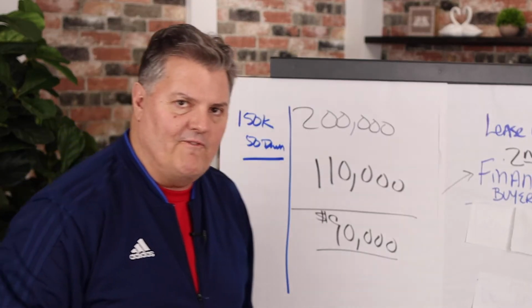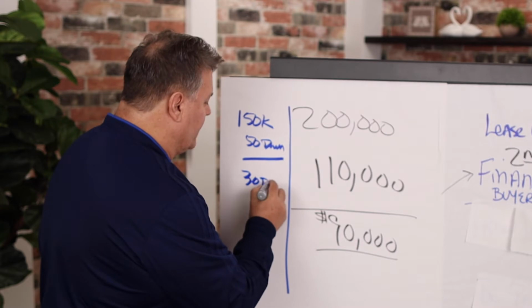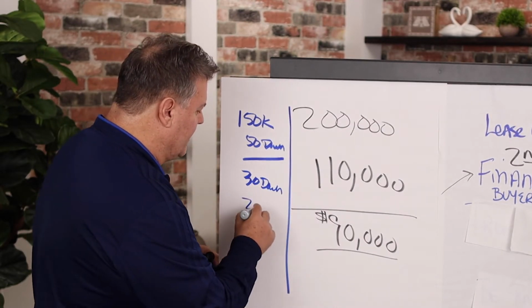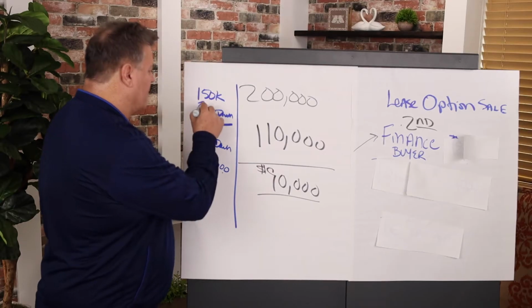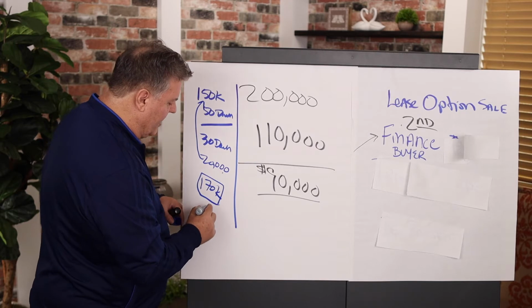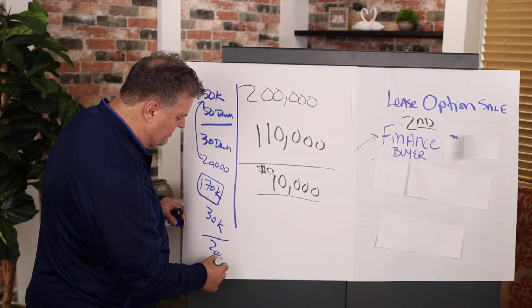But they don't have $50,000. They got $30,000. So they ask you if they could put $30,000 down and you could carry a second for $20,000. So 20 plus $150 is $170,000 in new loan, and they only need $30,000 to get to the $200,000.